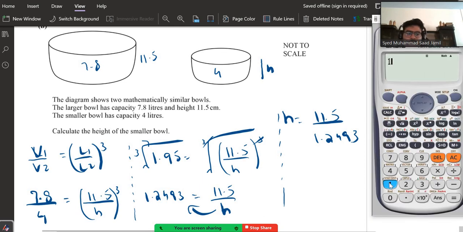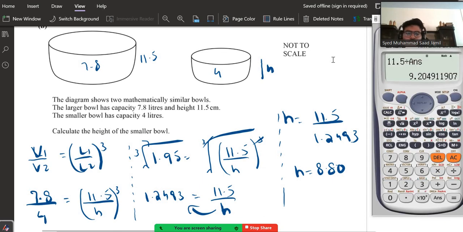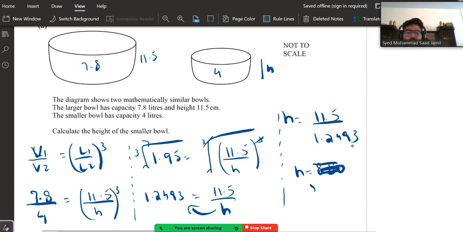So 11.5 divided by answer, so it's 8.80. So the height is 8.80. Alright, I did the recalculation again. 11.5 divided by 1.2493 is not 8.80, it's 9.20. Sorry for the calculation error.